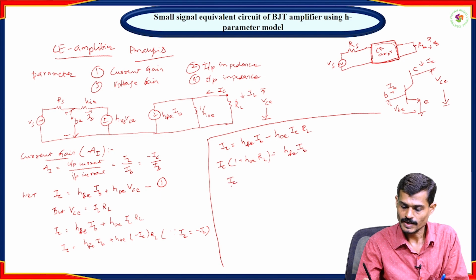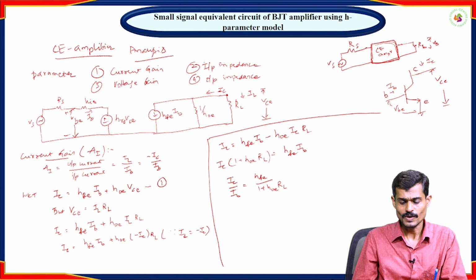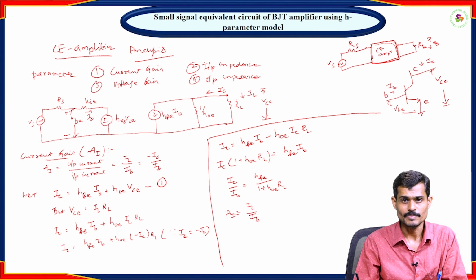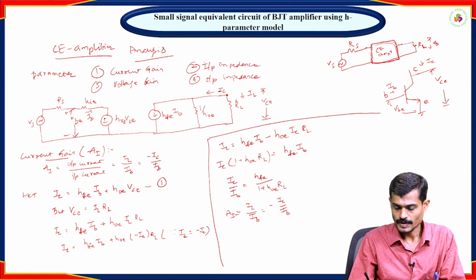So IC by IB equals HFE divided by 1 plus HOE into RL. But what is my actual current gain? Current gain is nothing but IL by IB, that is equal to minus IC by IB. So therefore, what is current gain?